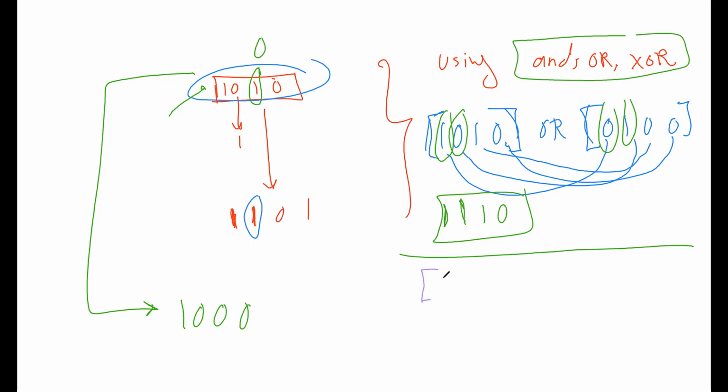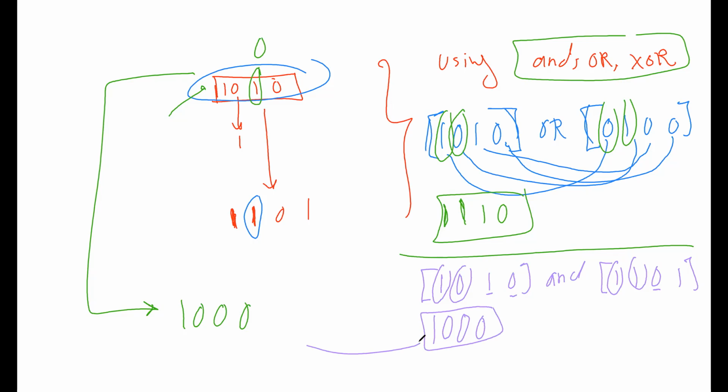So we take our number 1, 0, 1, 0, and AND it with a bit stream whose second bit is 0, 1, 0, 1, 1. If you do the bitwise operation, the first one is ANDed with the first one, so the result is 1. The second one is ANDed with the second one, so the value is again 0. The third bit is 0, ANDed with 1, the result is going to be 0. And since the last bit is 0, ANDed with 1 results in 0. So this is what we wanted.